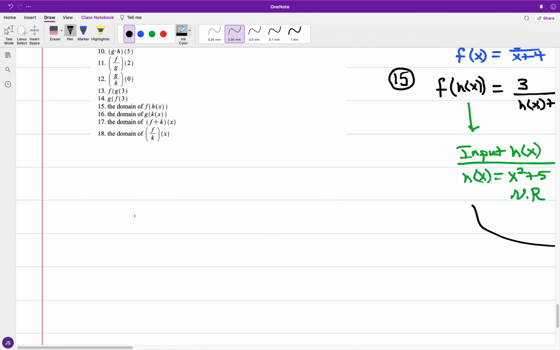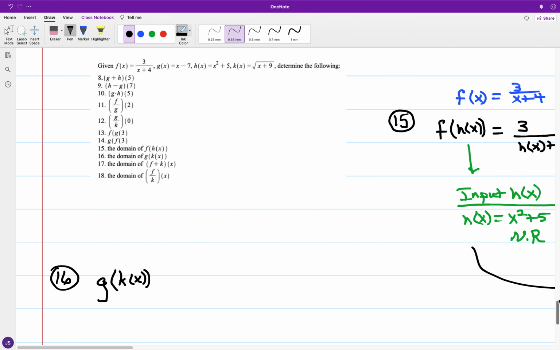All right, now for what we have in the case of 16, you have g of k of x. Again, with our output function, g of x is equal to x minus 7.